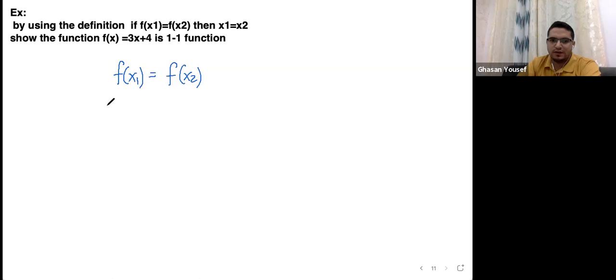You're going to get 3x1 plus 4, equal to what? Plug x2 inside the function, you're going to get 3x2 plus 4.